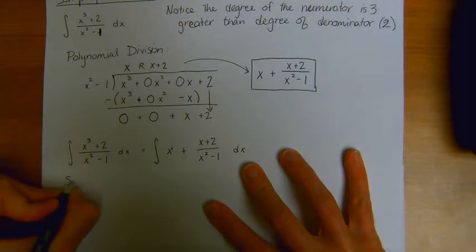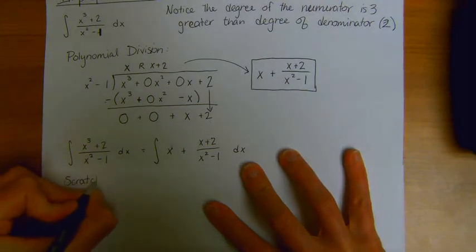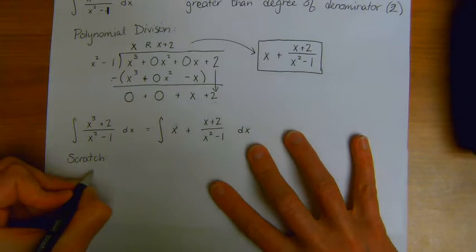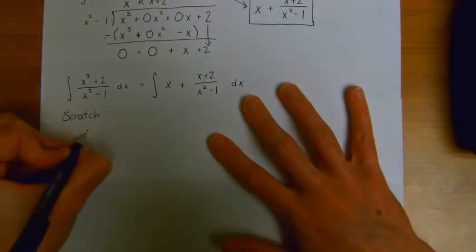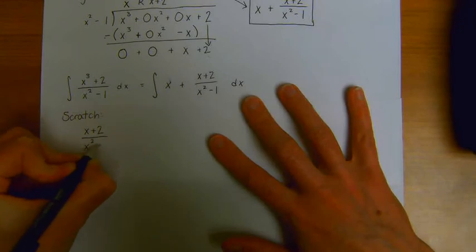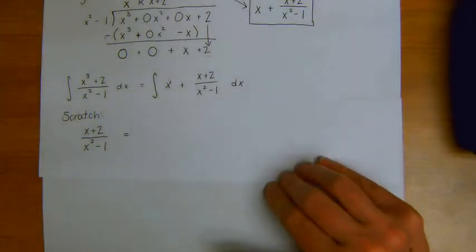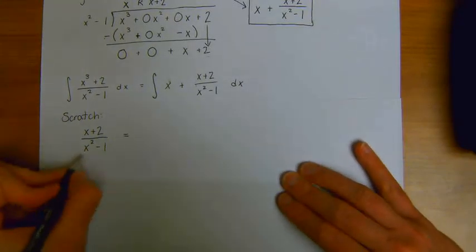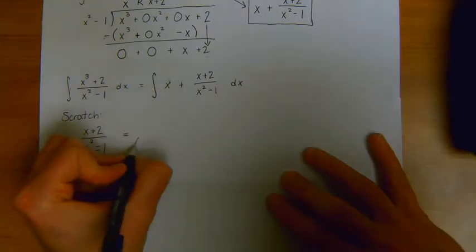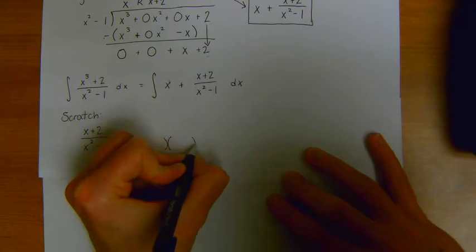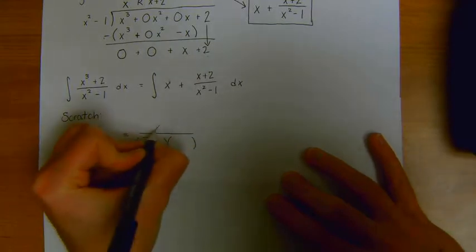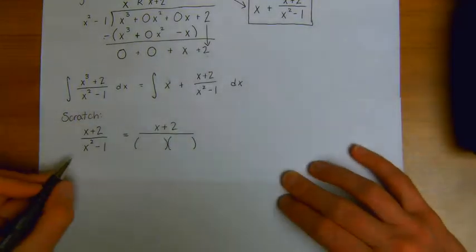So this is again scratch work. I want to be able to rewrite x plus 2 divided by x squared minus 1 as the sum of fractions. My first step, this denominator isn't factored for me, so I have to think about how to factor x squared minus 1.